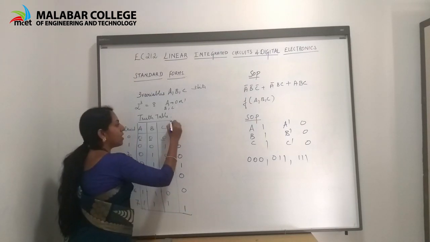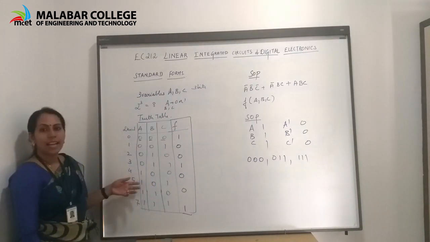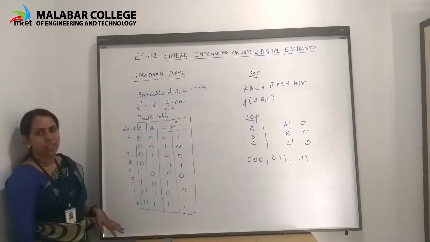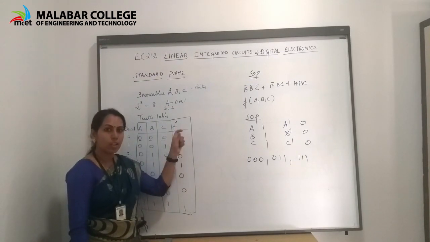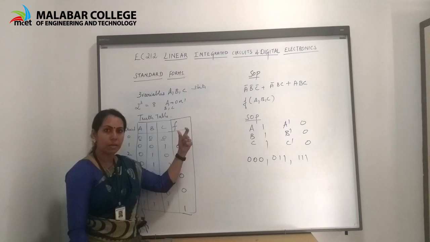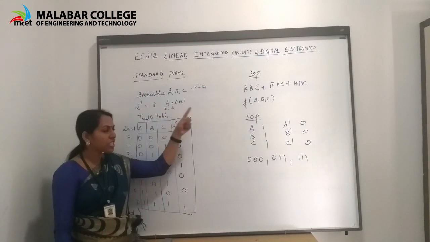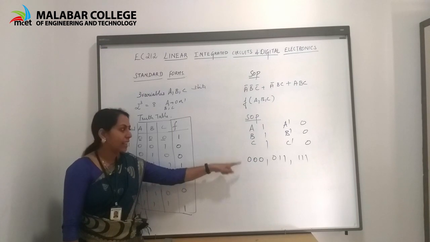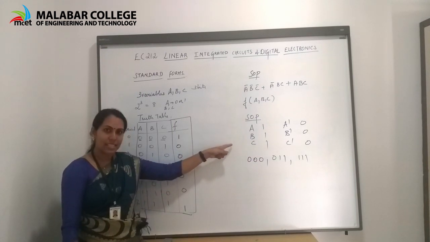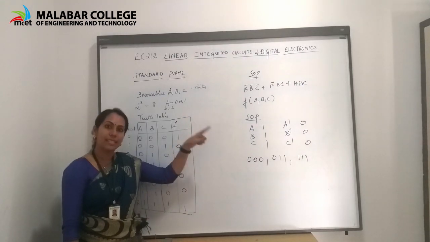And this is the function output for an SOP expression. So wherever the corresponding expression, for example A bar, B bar, C bar, is there, the result value will be 1. So if an expression is given to us, we have to find the corresponding binary number in such a way that the variable is assigned as 1 and its complement is assigned as 0.